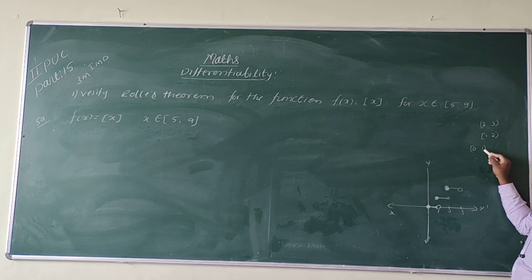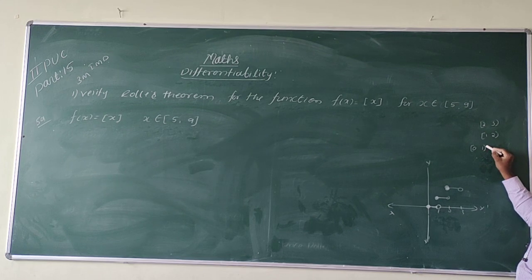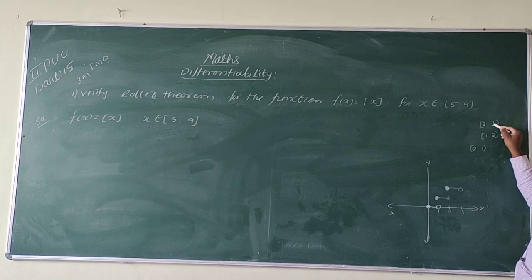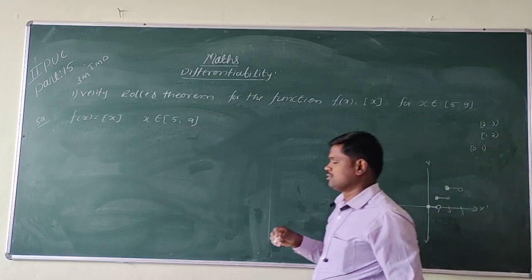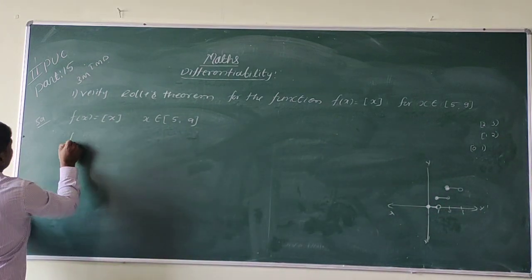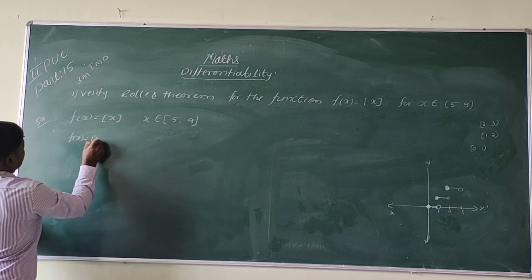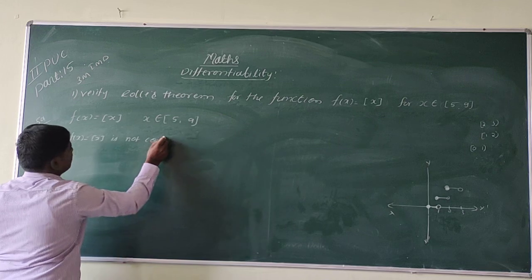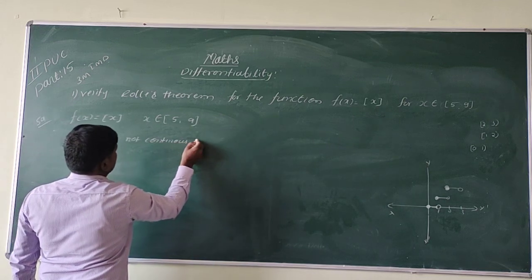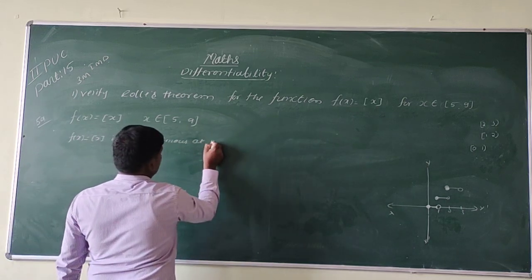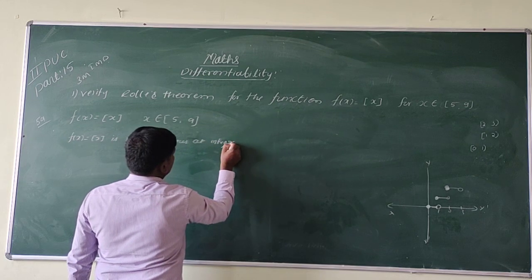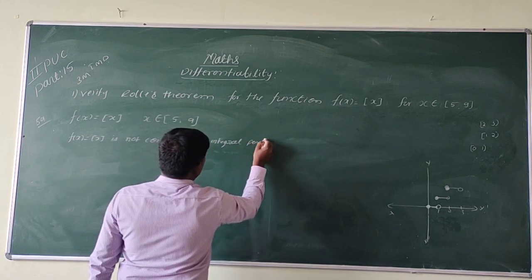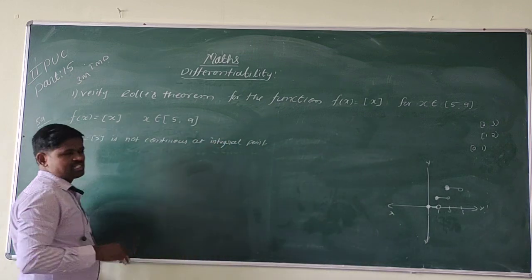So that means it is not continuous at integral points, 1, 2, 3. Excluding these points, it is continuous. So write that: f of x equals bracket of x is not continuous at integral points.